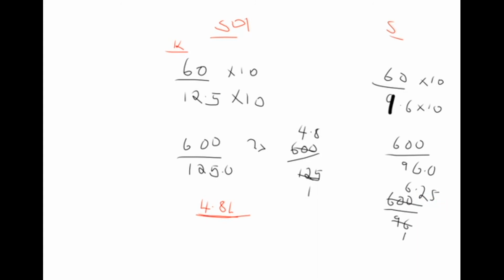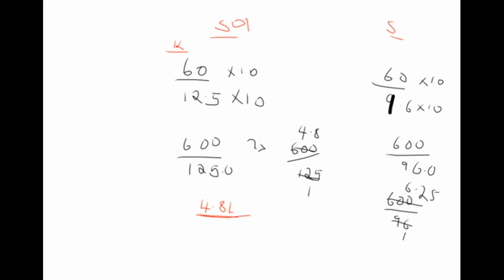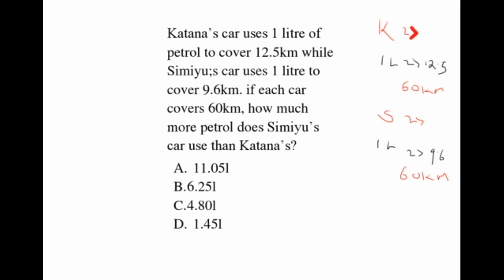Therefore, we are going to subtract 6.25 minus 4.8. Therefore, we get 1.45 liters. Therefore, our correct choice is D.